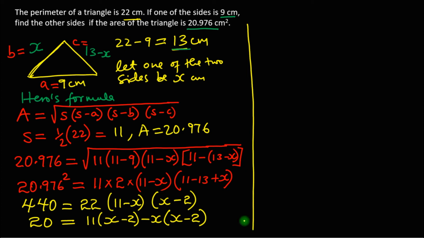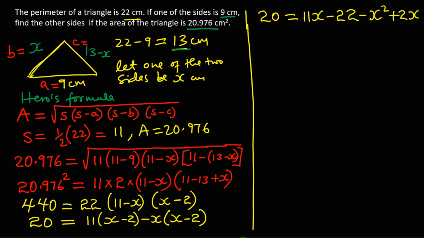So from there, I have 20 will be equal to 11 times x, that is 11x, then 11 times minus 2, that will be minus 22, then minus x times x, that will be minus x squared, then minus x times minus 2, that will be plus 2x.